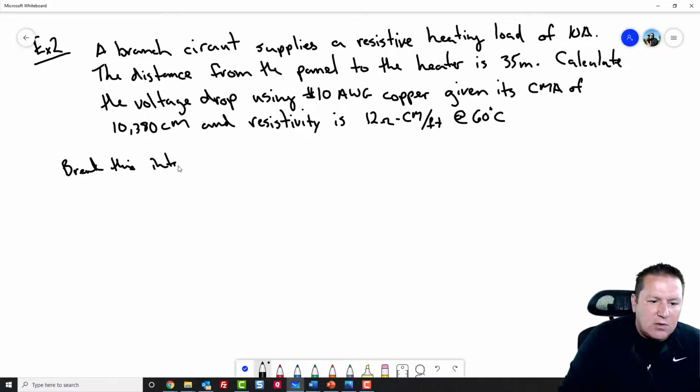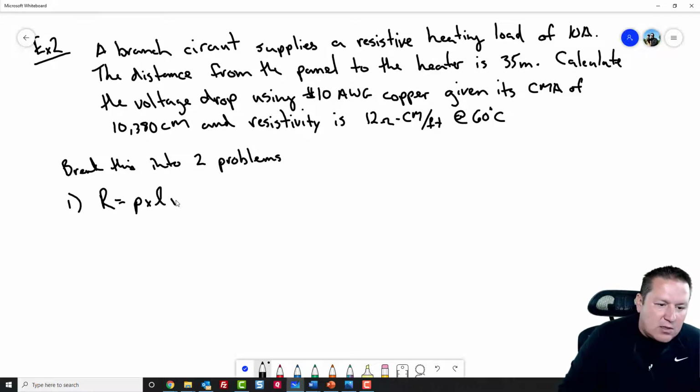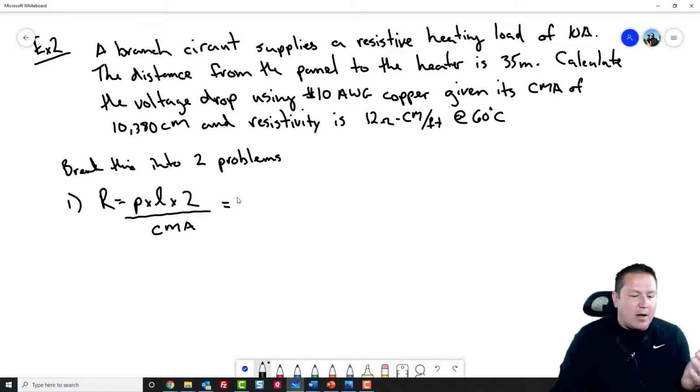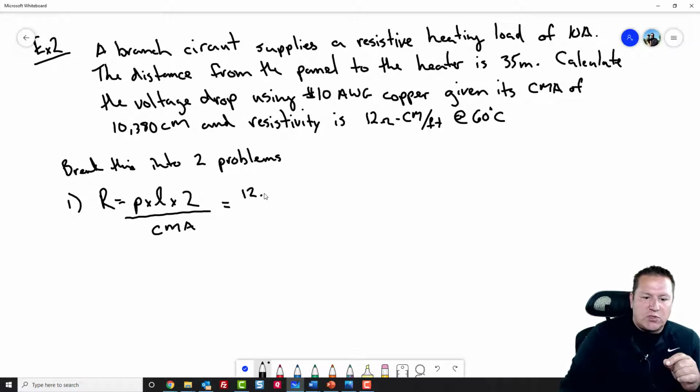So we find the resistance equals, again, we're just back to our equation, but we're going to multiply by 2 because we're going there and back, divided by the CMA. Okay, and then we're just plugging in the numbers essentially here. So the 12 ohms, circular mils per foot.